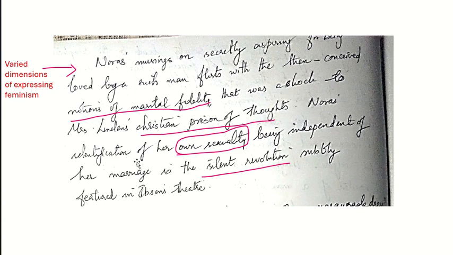Nora's identification of her own sexuality being independent of her marriage is a silent revolution subtly featured in Ibsen's theatre. It also presents how the sexuality of a woman is suppressed, and Nora presents certain hints of how she's silently opposing the oppression of her sexuality and her identity.